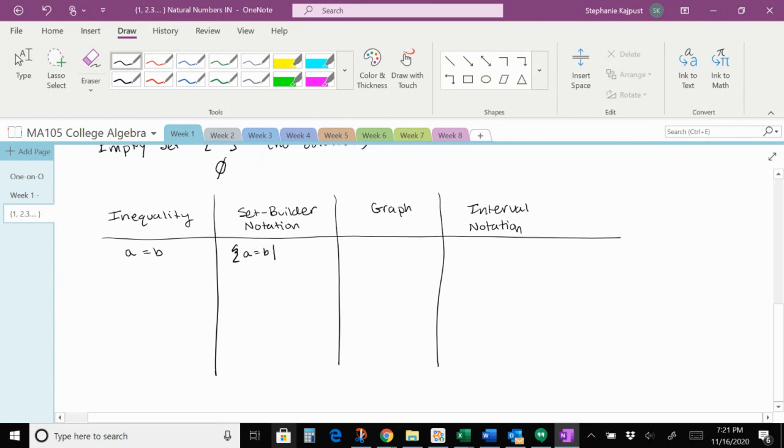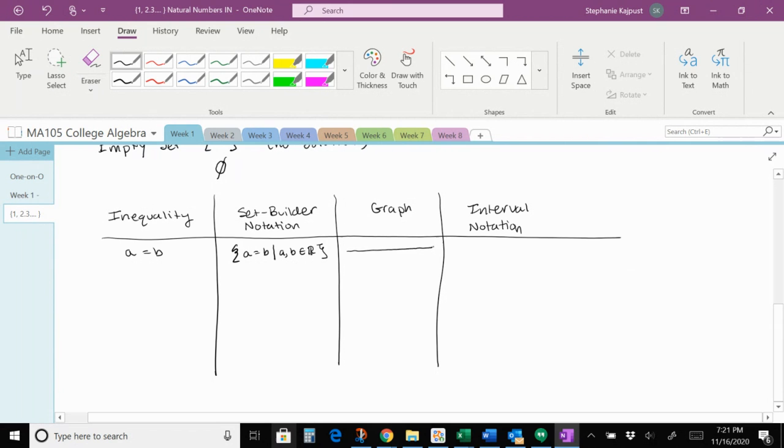If it's only integers that are equal to each other, you would list what set of numbers this is. But usually we use real numbers. So I'm using the shortcut notation here where a and b are elements of the real numbers, or basically they are real numbers. That's how we read that.